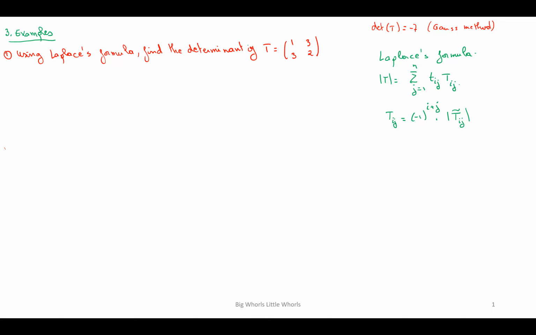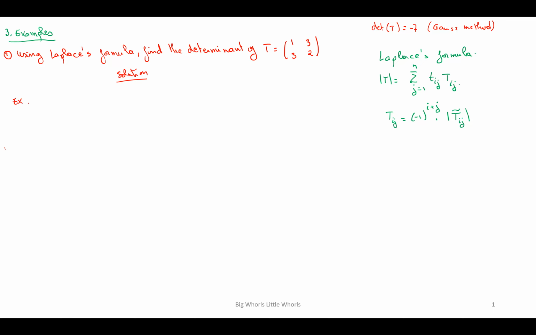So let's use this formula to find the determinant of this 2 by 2 matrix. First of all, we are going to do the expansion along row 1.